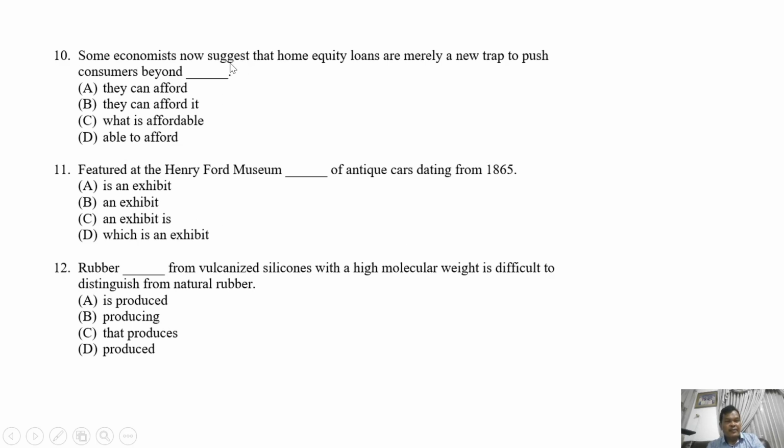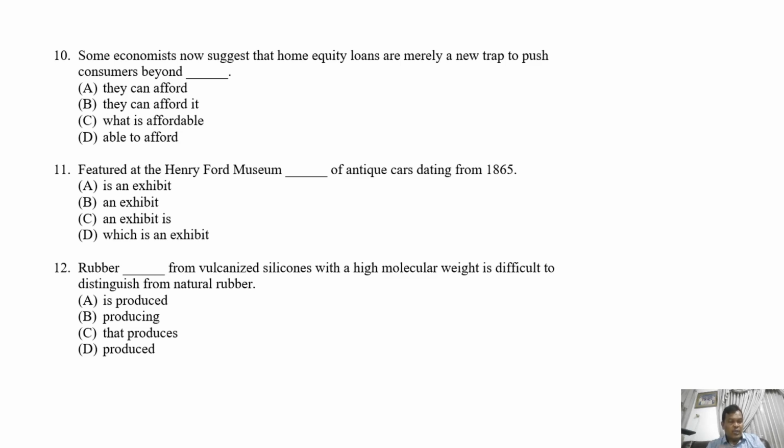Now, number 10, you see here we have a predicate, suggest. We have are as the second predicate. So we already have 2 predicates, and we have here one conjunction, that. So we have 2 predicates and 1 conjunction, and this is already correct. However, all of the options here also contain a predicate.